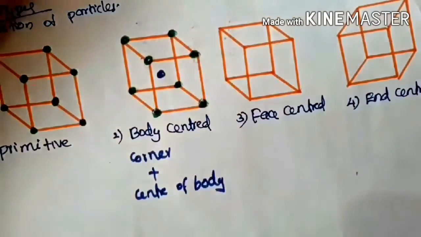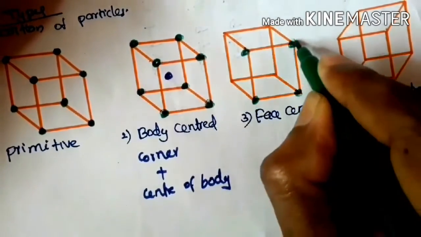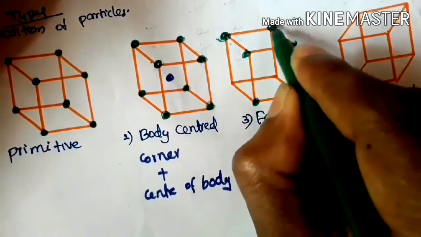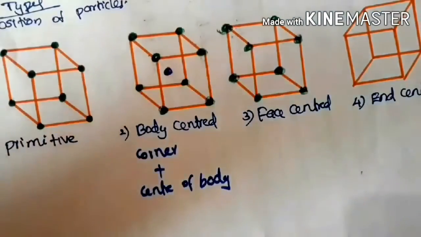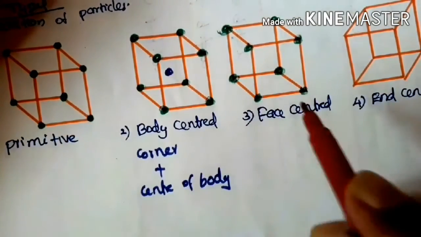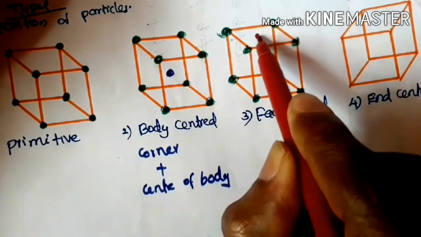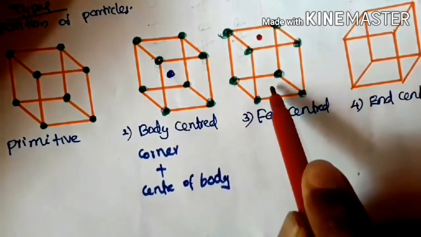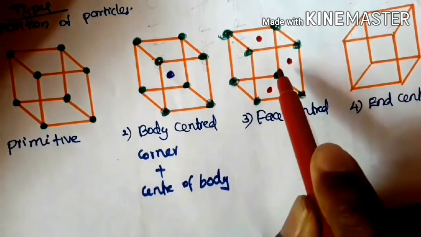Next is face centered. In face centered, constituent atoms are present in all the corners and also at the center of each face. Here one constituent is present at the top of the face and bottom of the face, right face, left face.